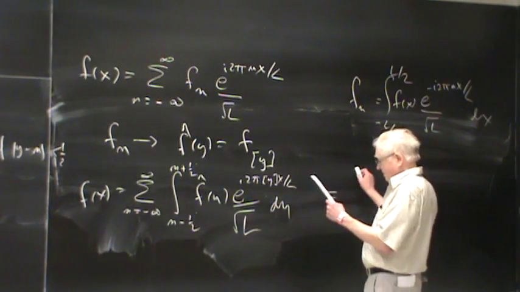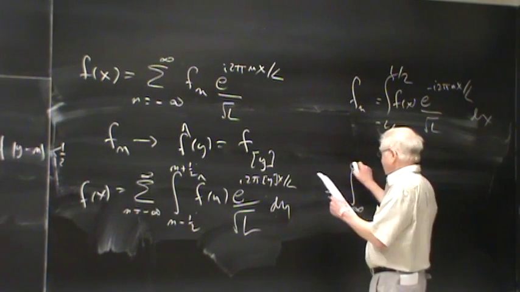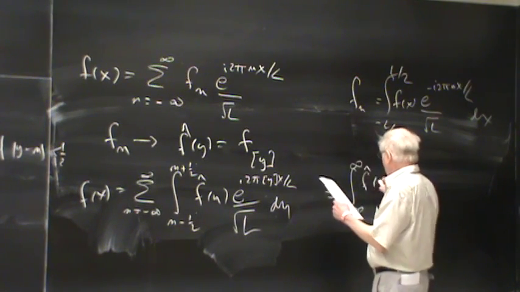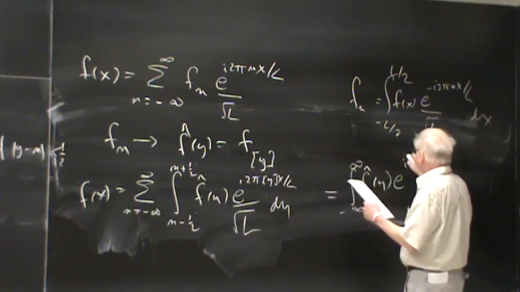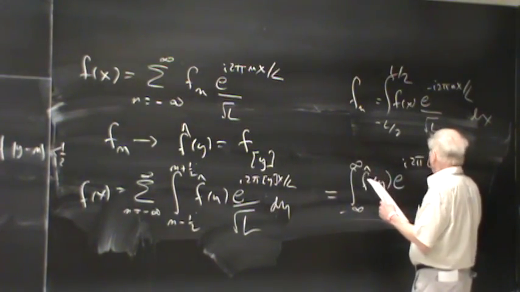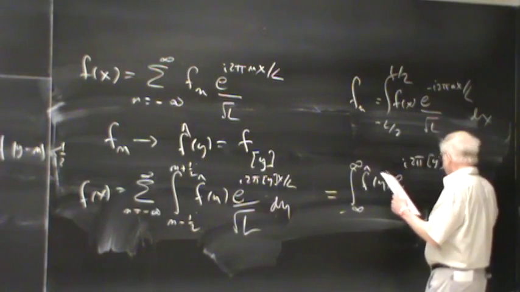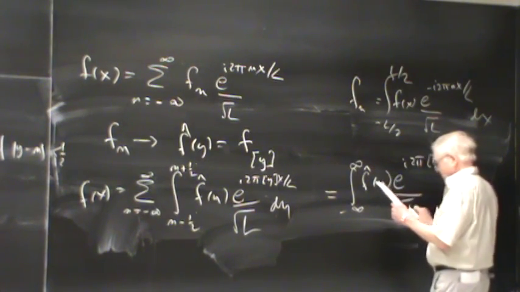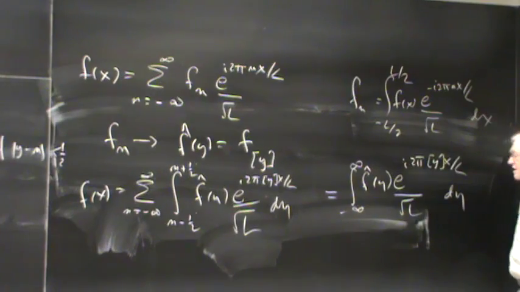And now we can rewrite it as the integral from minus infinity to plus infinity of f hat of y, e to the i 2 pi nearest integer x over L, square root of L dy.